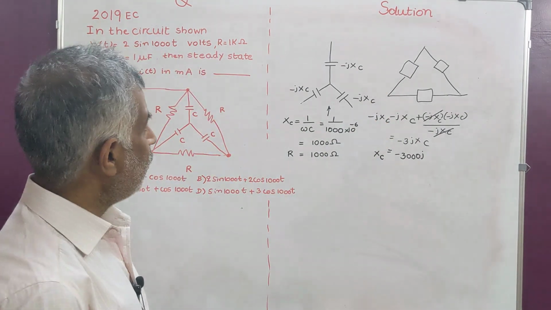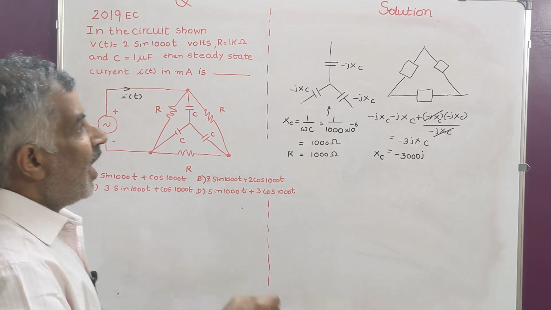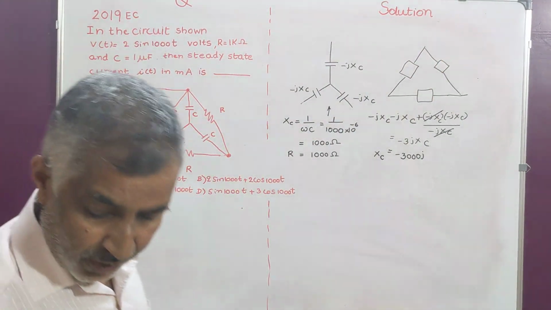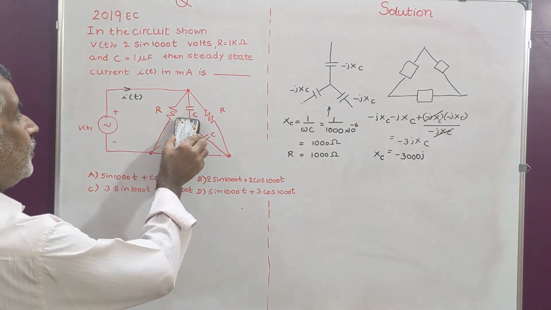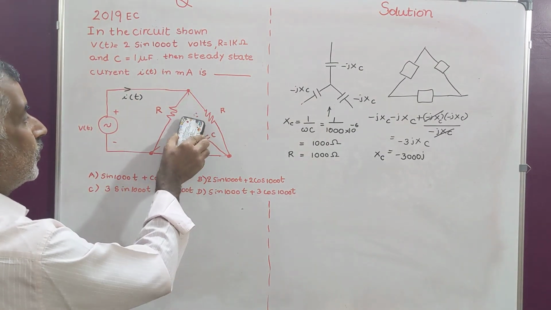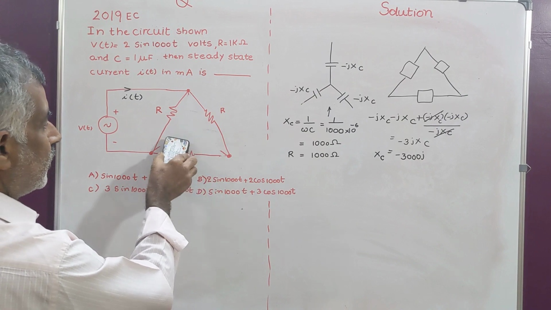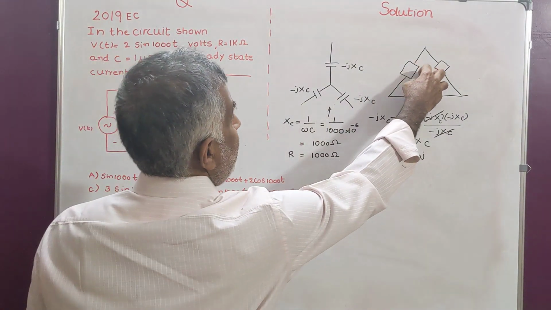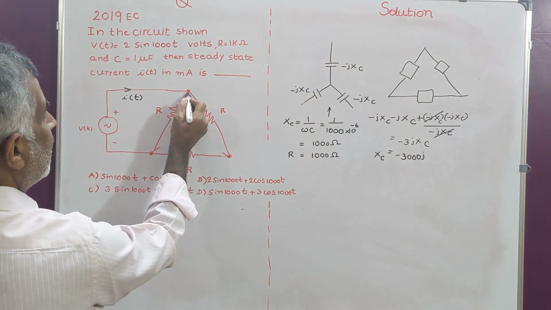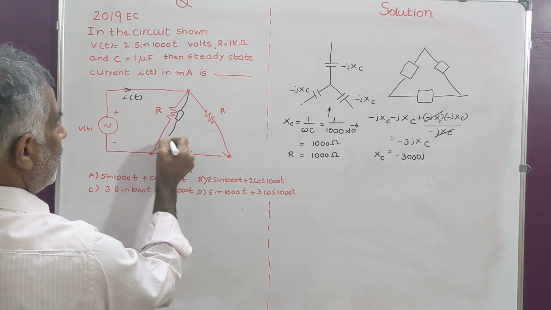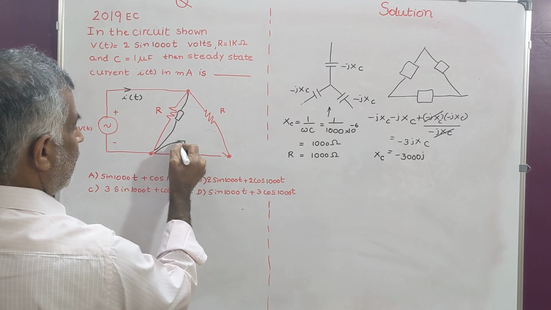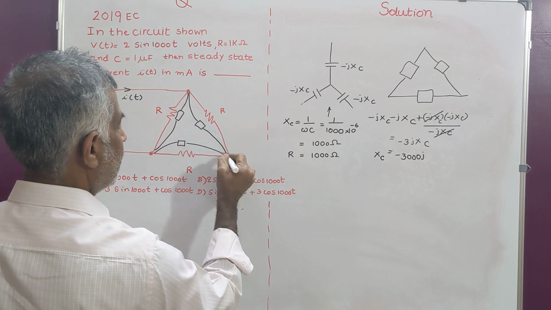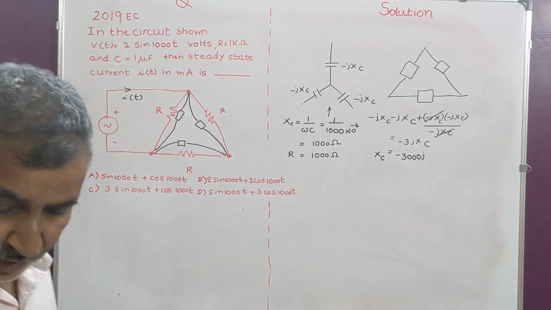Now we have to fit this delta here. So taking out the star, we have to fit this here. If you fit this here, it looks like this.